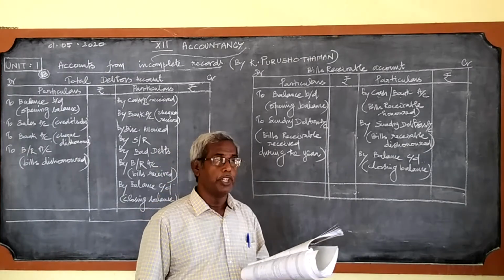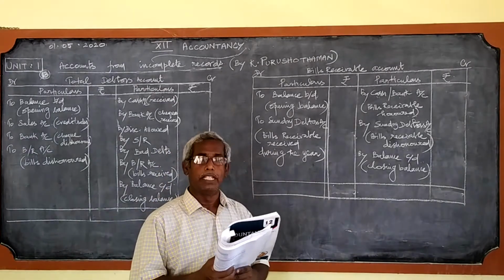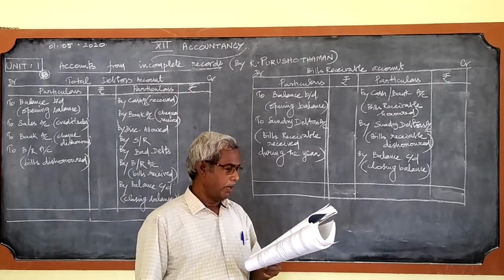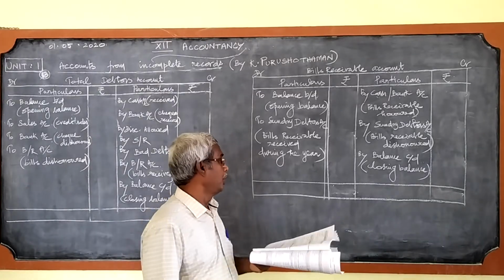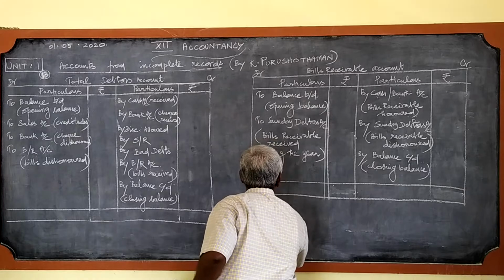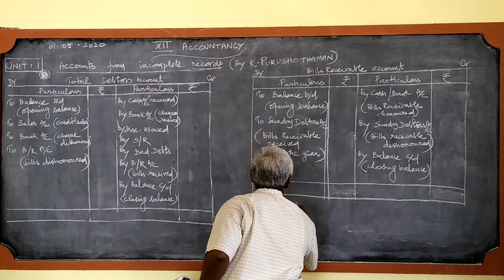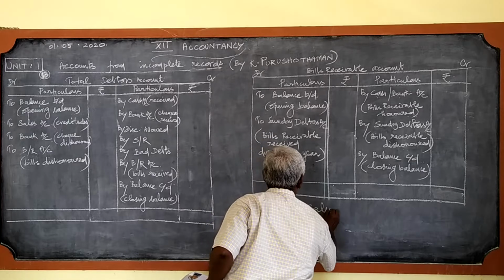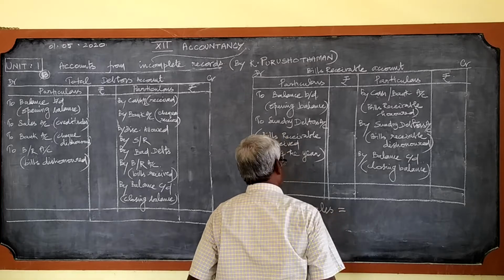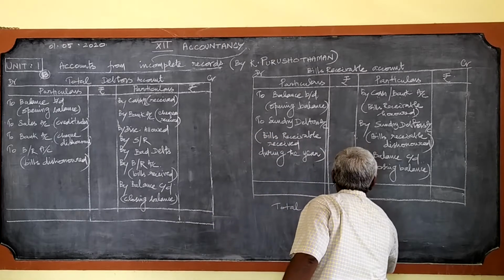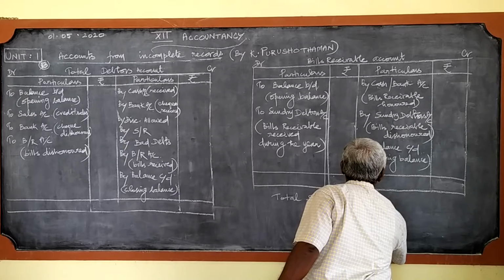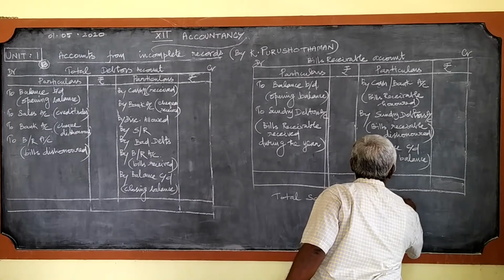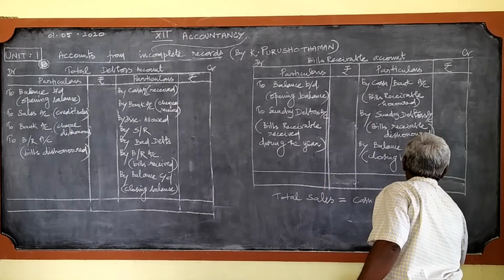Dear students, now we shall pass on to question number 13, for which we will have to find the total sales. Total sales is equal to cash sales plus credit sales.